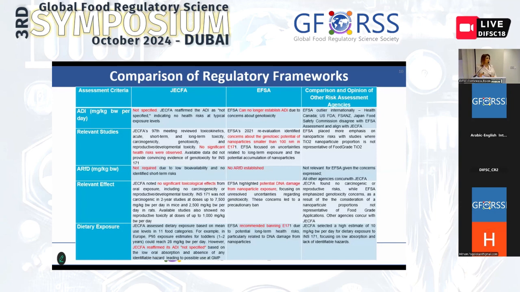For the effects of titanium dioxide, JECFA found no carcinogenic or reprotoxic risk, while EFSA emphasized possible genotoxicity concern as a result of considering a nanoparticle proportion not representative of food grade application. Other agencies concur with JECFA. For dietary exposure, JECFA selected a high estimate of 10 milligrams per kilogram body weight per day for E171, focusing on low absorption and lack of identifiable hazards.